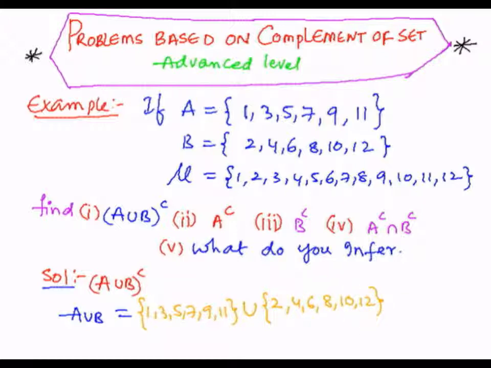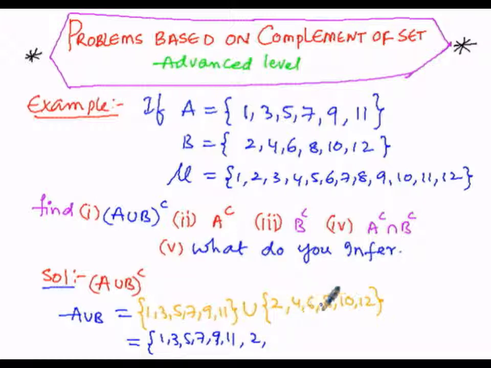Since we are going to find the union of these two sets, the union is a new set so formed, which contains the elements of either set A or set B or both. In order to find it, first I write all the elements of the first set A: 1, 3, 5, 7, 9 and 11, copied as it is. Then, to include the elements of B, we have to see whether they are repeating or not. 2 is not occurring here, so we can include it.